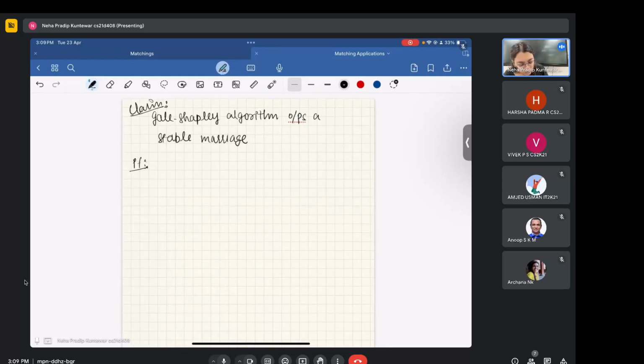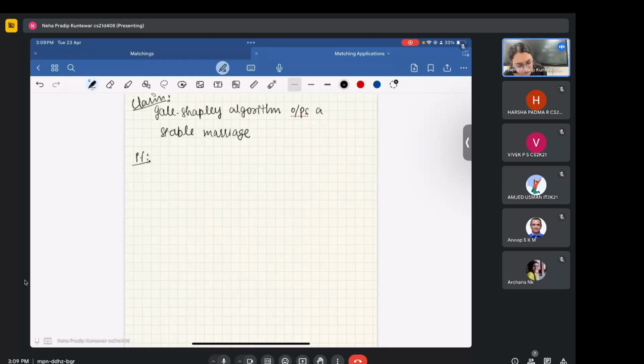it's subtle. So we want to show that there is no unstable pair. What we will do is assume that, suppose, so this is a proof by contradiction. Suppose there is an unstable pair.